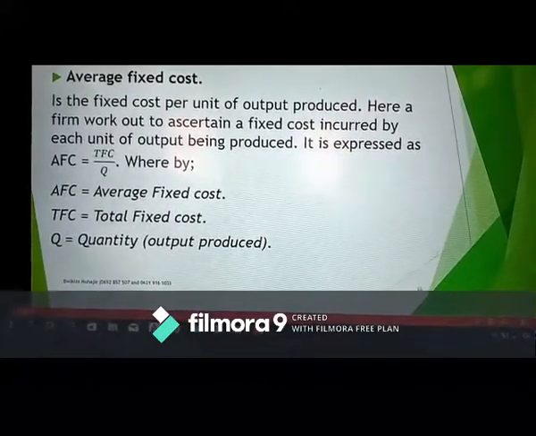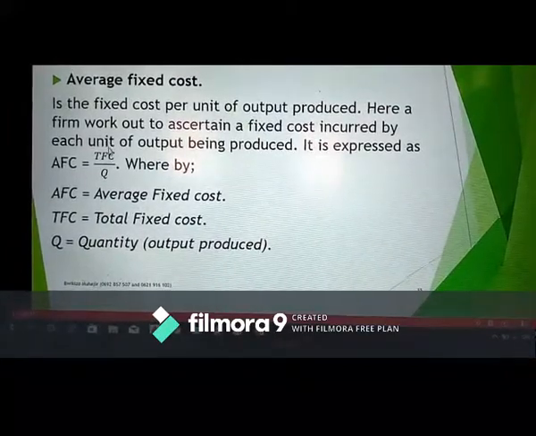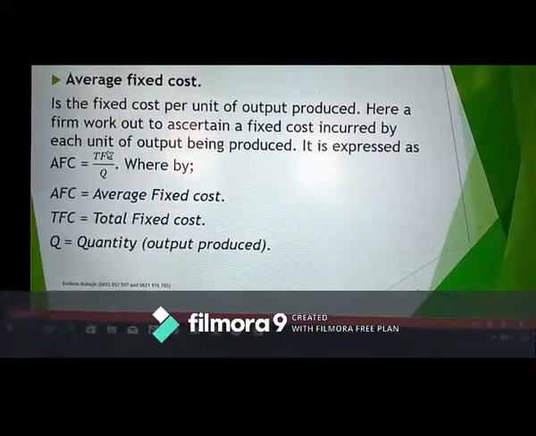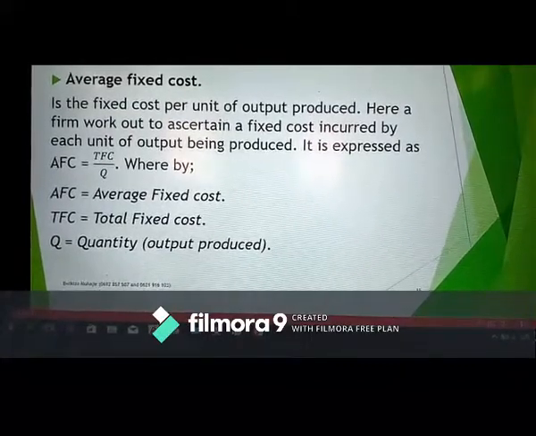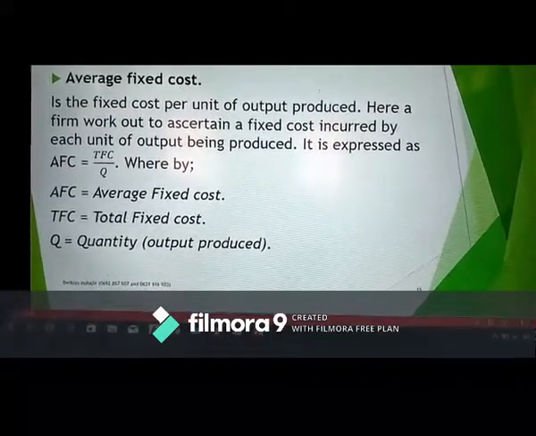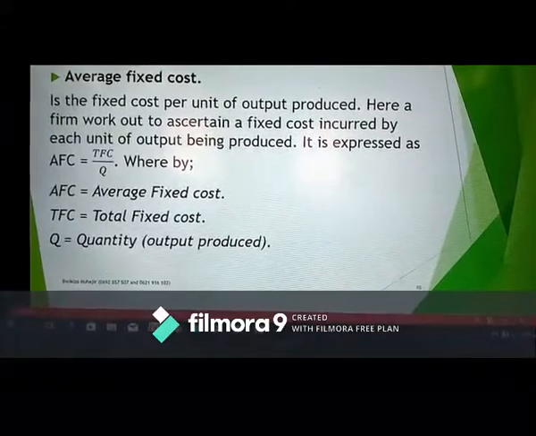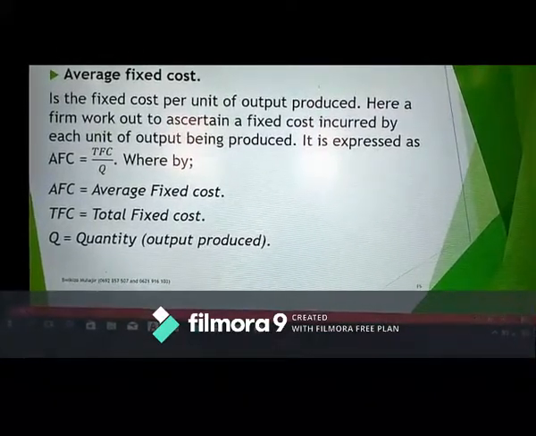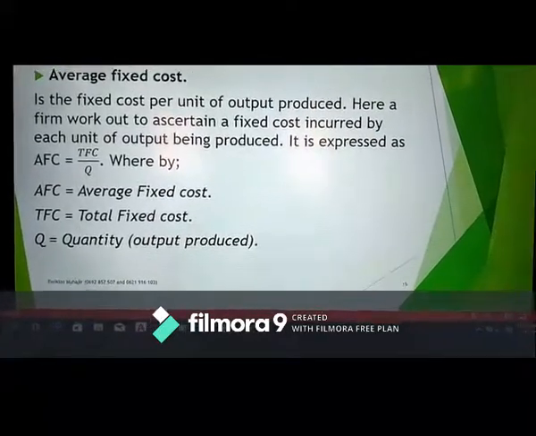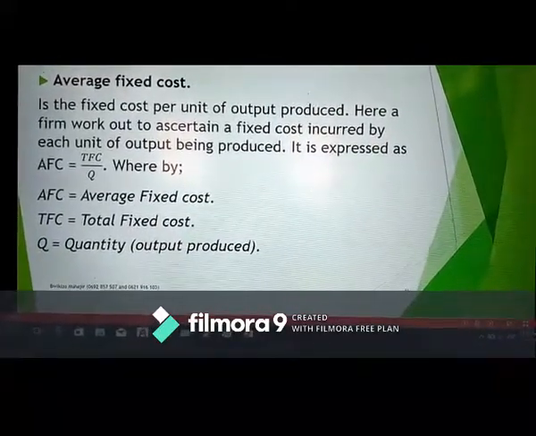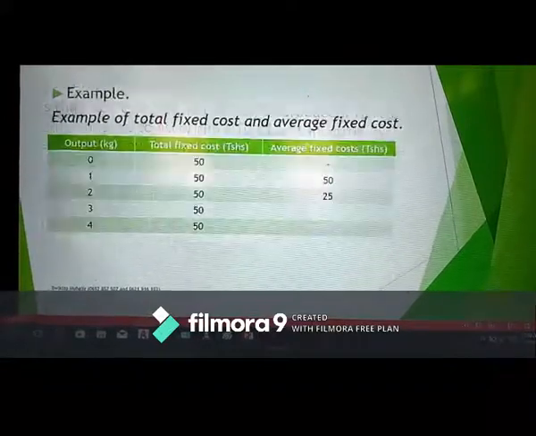It is expressed as follows: average fixed cost equals total fixed cost over quantity, where AFC is average fixed cost, TFC is total fixed cost, while Q represents the quantity or output produced.